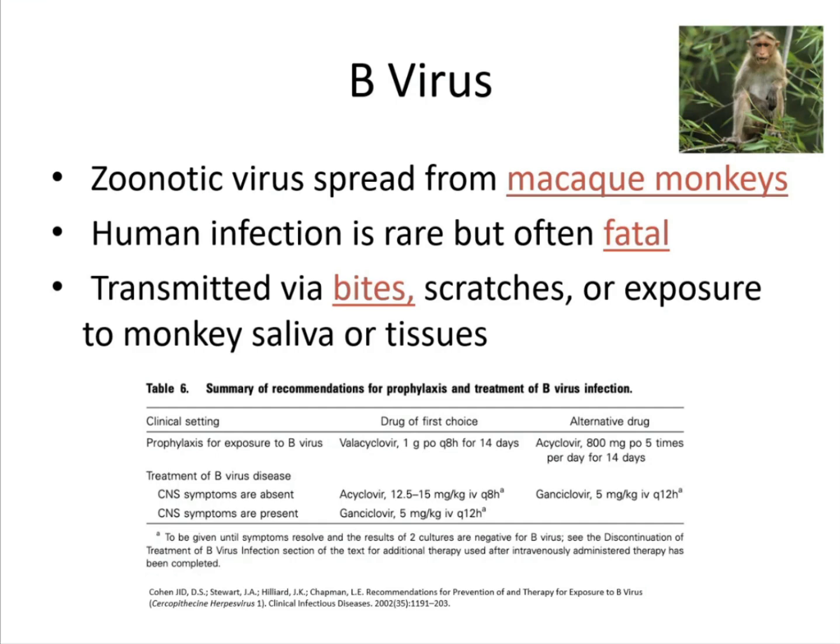We learn about this because of the issue with occupational and lab exposures. We hear about the different prophylaxis, specifically if it's prophylaxis, it's like Valtrex or valacyclovir and acyclovir. But if they do have any actual disease, then we do IV. So IV acyclovir or IV ganciclovir.